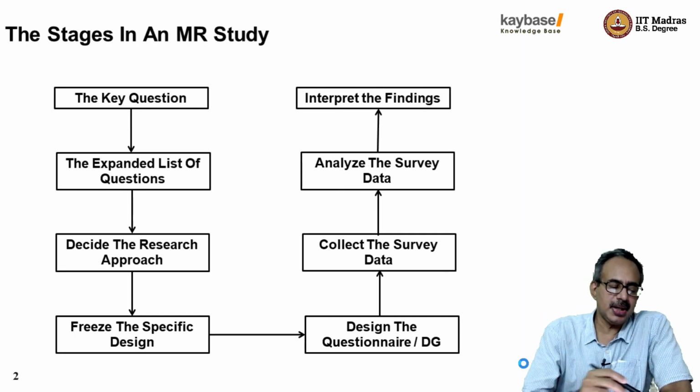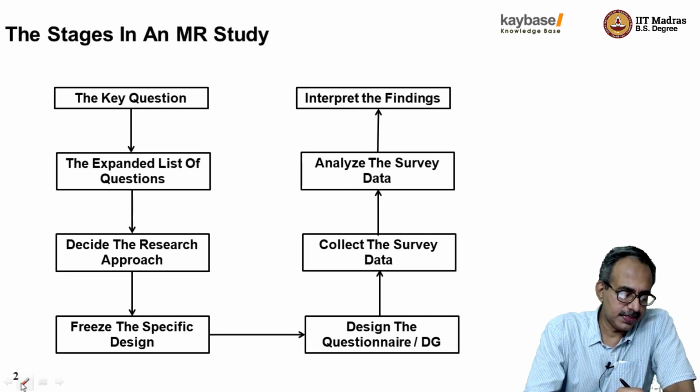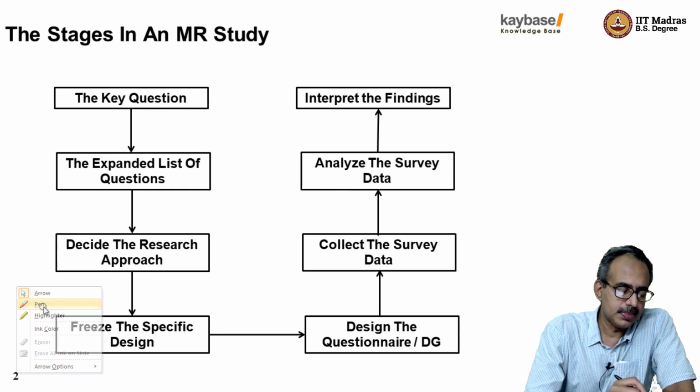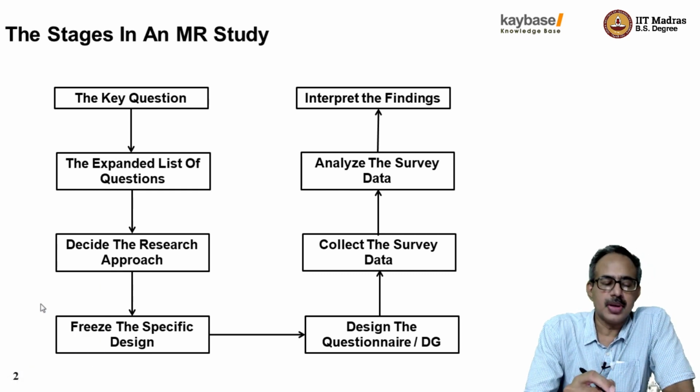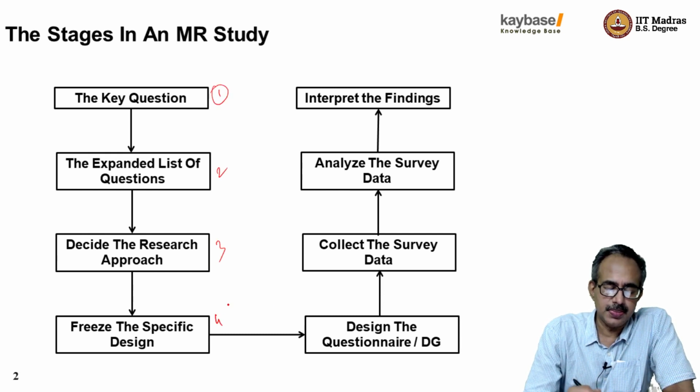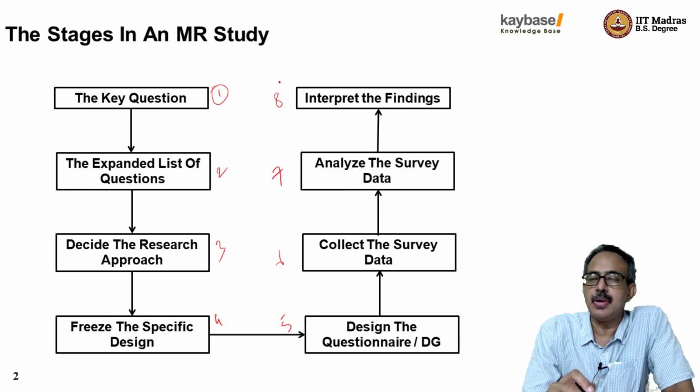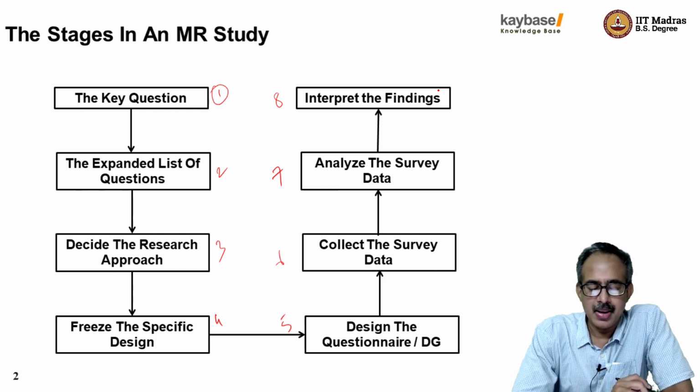So these are the stages in a market research study. Okay, the key question, and it goes through all these stages up to interpretation of the findings. This is when the project ends, right?